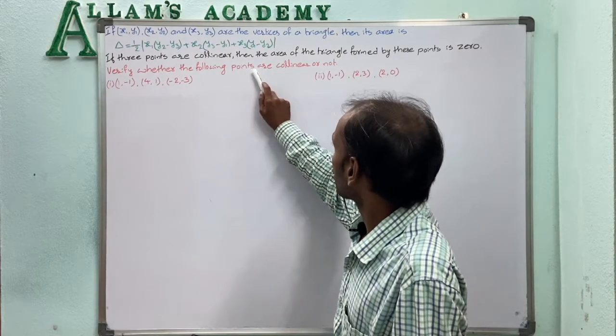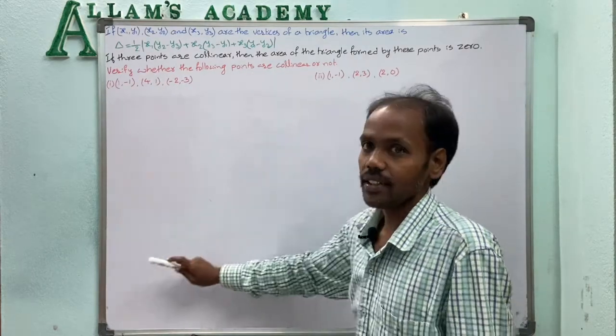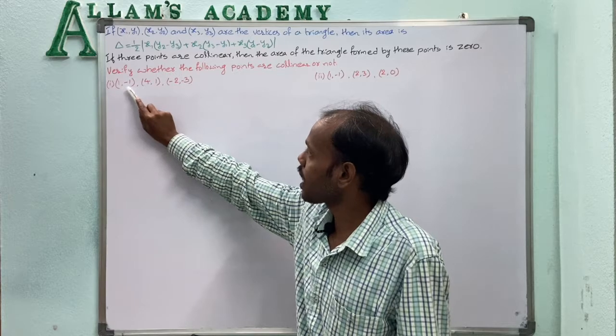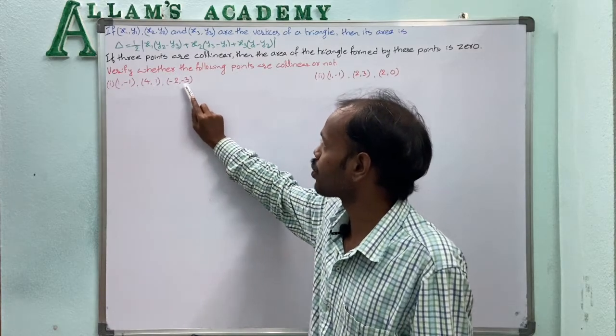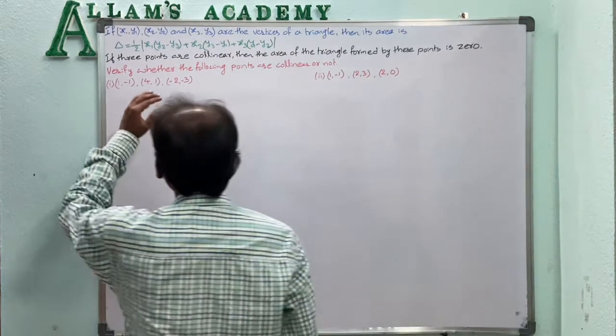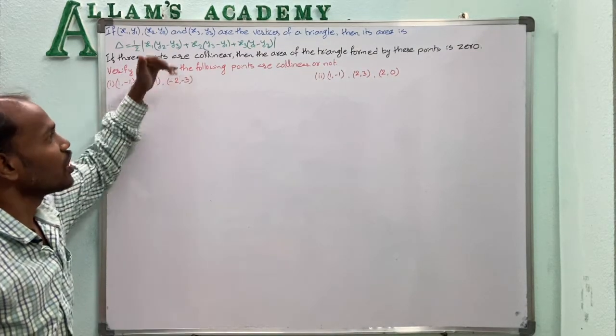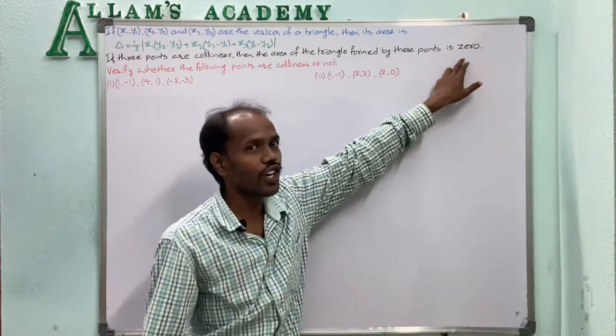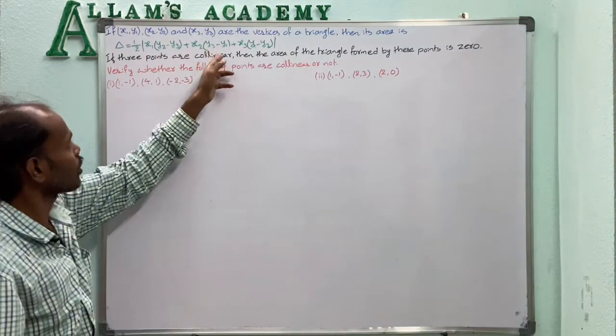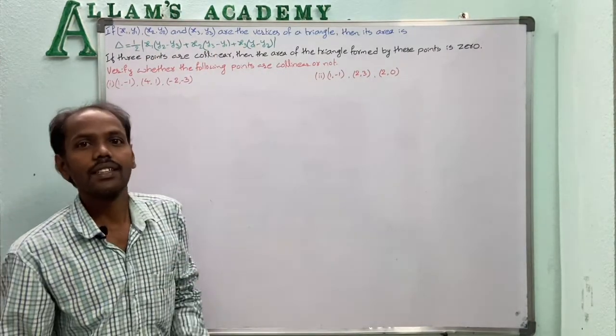Verify whether the following points are collinear or not. The given points are 1 comma minus 1, 4 comma 1, minus 2 comma minus 3. To check, we find the area of the triangle of these 3 points. If the area of the triangle is 0, then the 3 points are collinear, otherwise not.